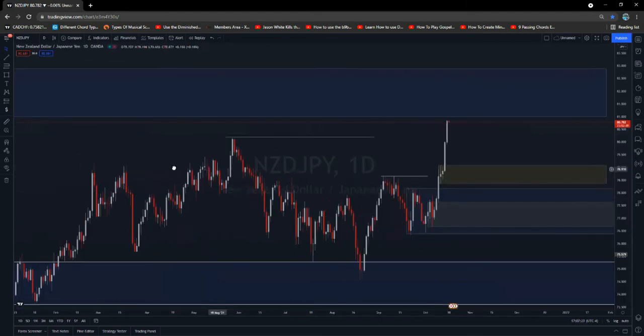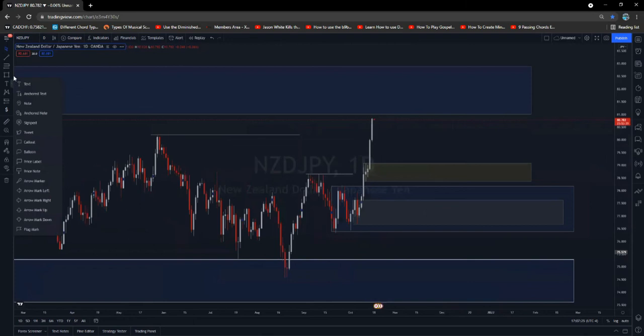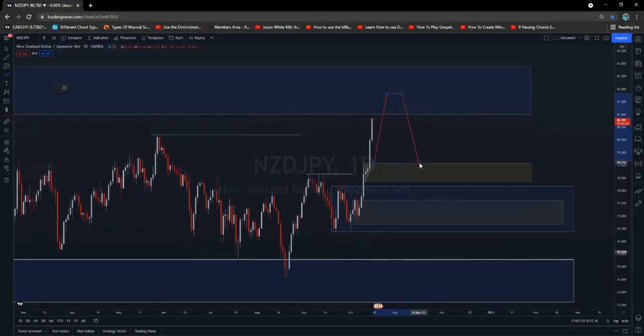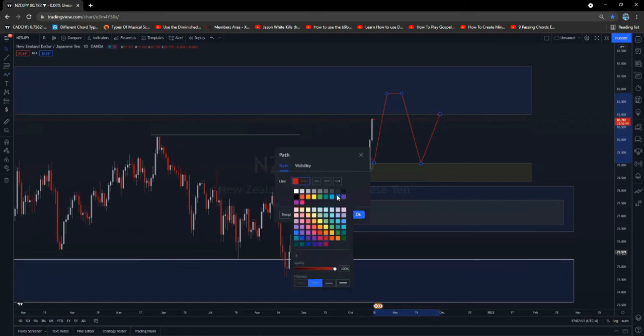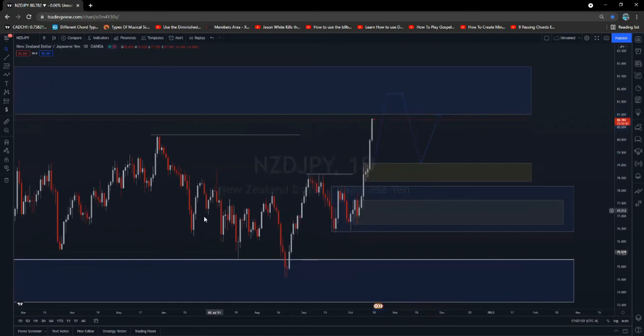So yeah, I'm expecting the market to find some orders from the supply over here. It's going to be a sell for this week, but a very low probability sell. I wouldn't suggest that you take the risk, if I'm being honest. But if you're keen, you can take the opportunity. So yeah, this is what I'm expecting to see on NZDJPY. Let's move on.